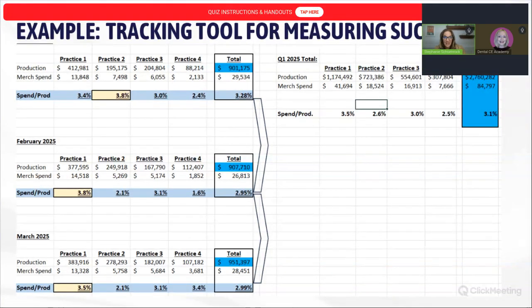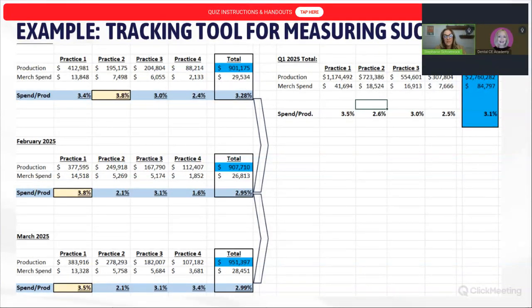So this is an example of manually tracking for the first quarter of this year, a group that I work with that has 4 locations. You can see on the left, by location, we track production by month by practice, and then we track supply spend by month by practice.